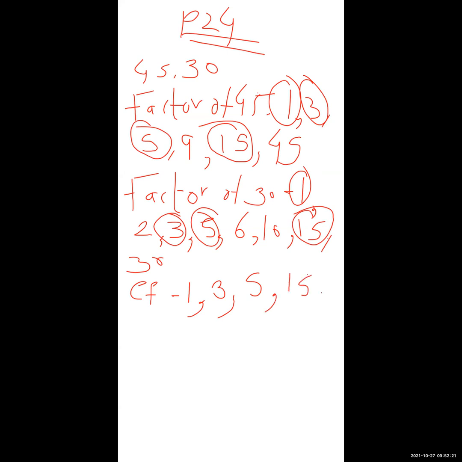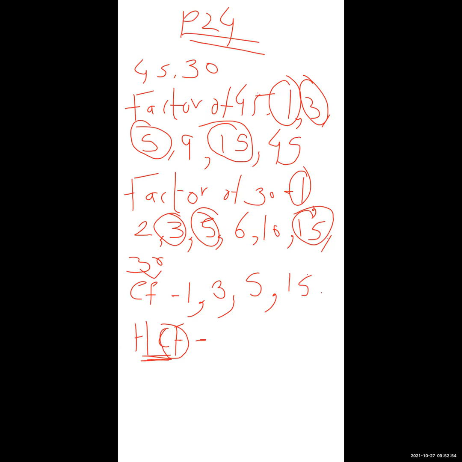Now the main part, that is the highest common factor, that is HCF. They have asked the highest common factor, so from the common factors we will pick the highest one.